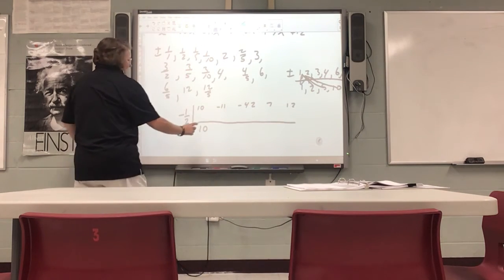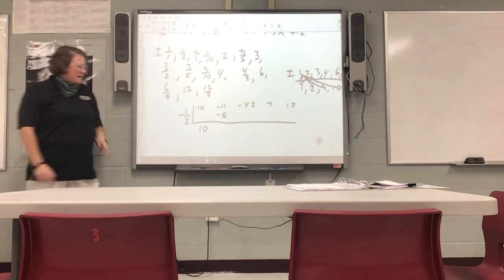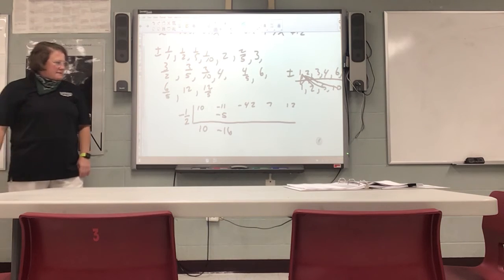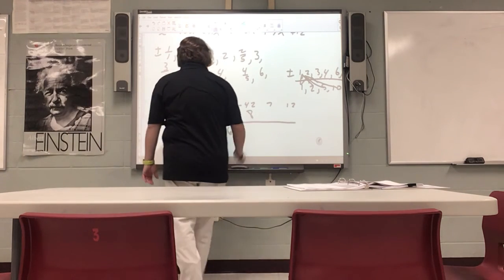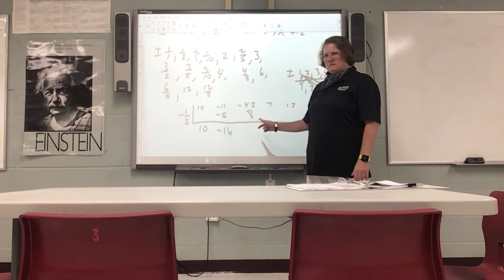10 times negative half is negative 5. Negative 11 and negative 5 is negative 16. Negative half times negative 16 is 8. Negative 42 and 8 is negative 34. Am I right on that?